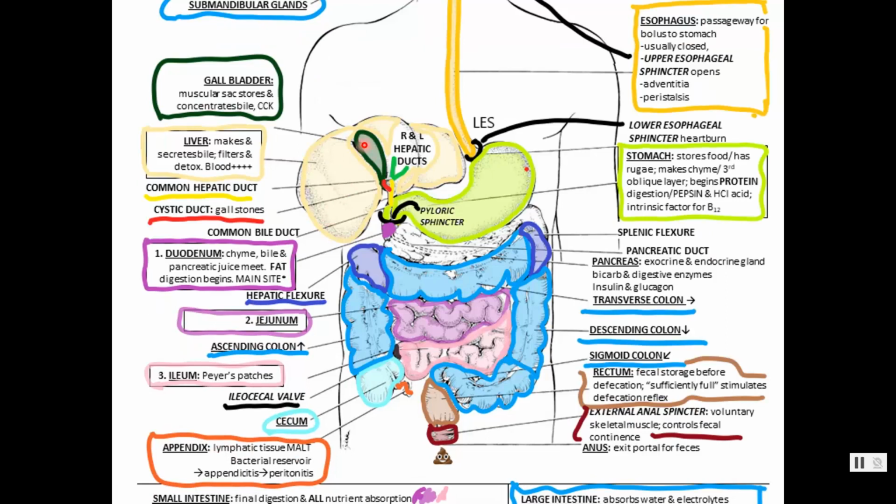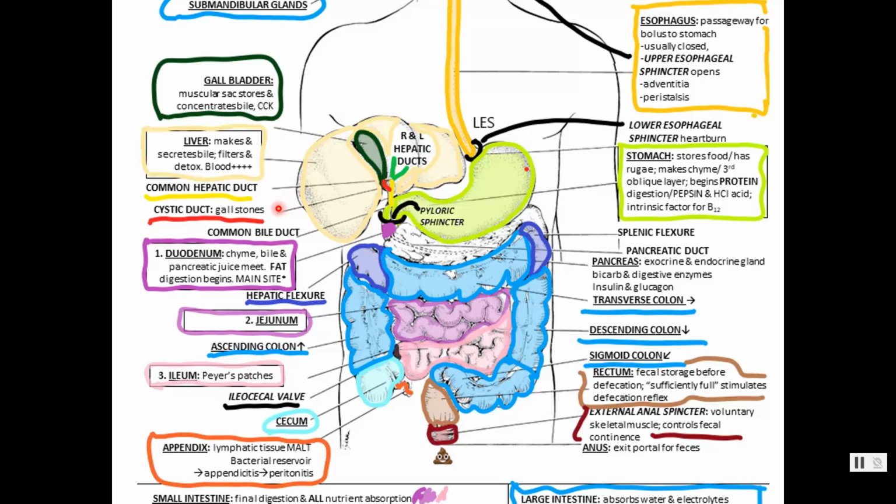So we've got the gallbladder, and then this duct that's going to join the common hepatic duct is called the cystic duct. What can happen in the gallbladder is that salts can precipitate and form gallstones. Gallstones often are going to get trapped in that cystic duct or in the canaliculi in the gallbladder, so that's a common place for gallstones.